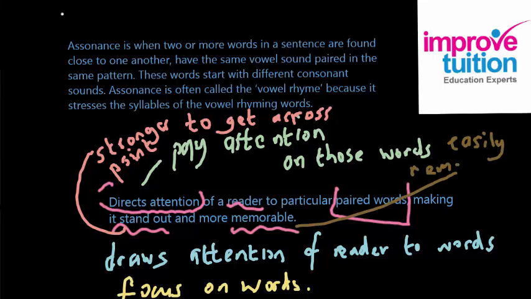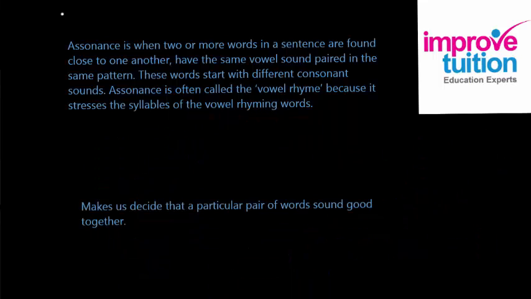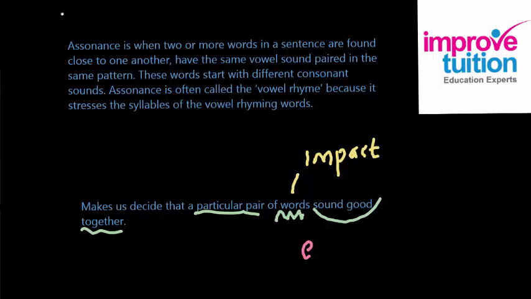And it's memorable, so it's easy to remember if it's in a rhyme. It works on the mind. It makes us decide that a particular pair of words sounds good together, so it has more impact and effect because it has words together.